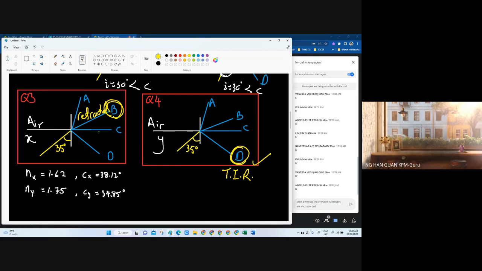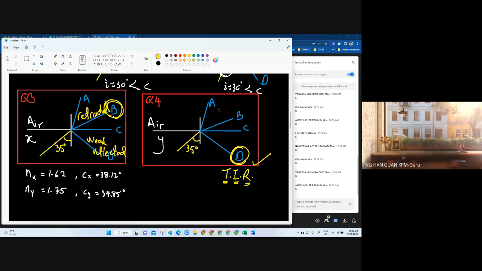It's still diffracted. Means we didn't get total internal diffraction yet. We do have the diffracted ray, but it's a weak diffracted ray. But here, we have total internal diffraction already.